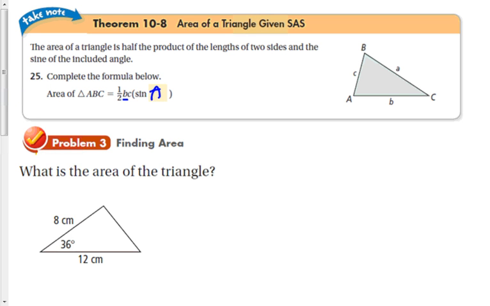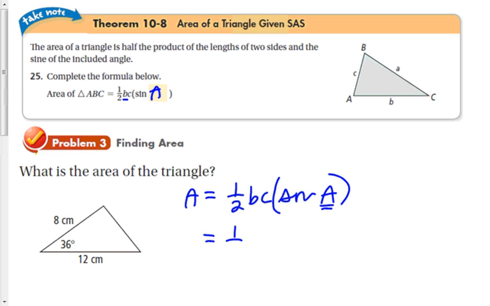All right. So what is the area of this triangle? The area is equal to 1/2 BC times the sine of A, which is the included angle between those other 2 sides. So we're going to do 1/2 times 8 times 12 times the sine of 36 degrees.